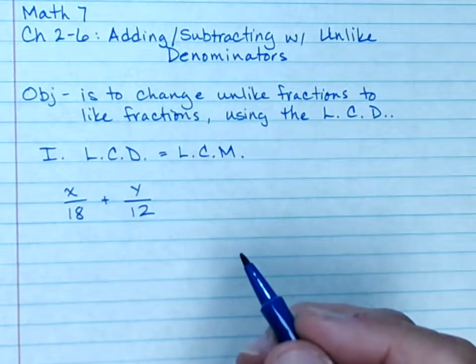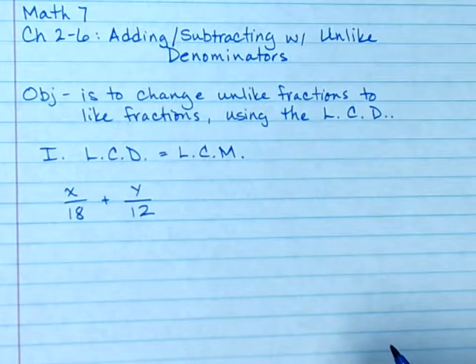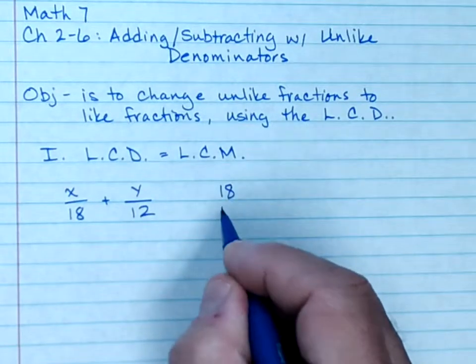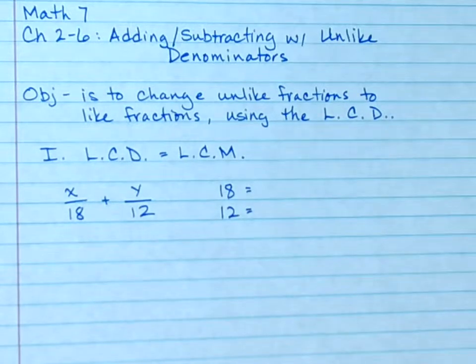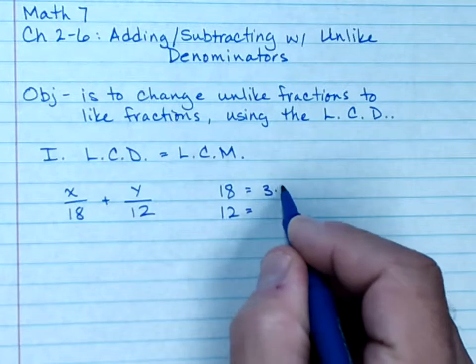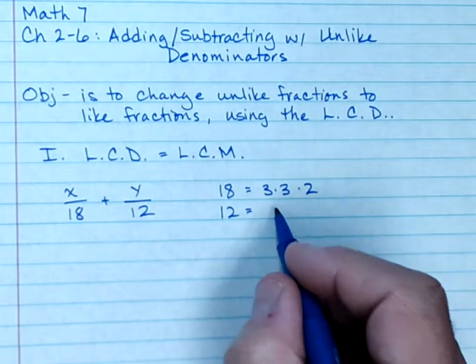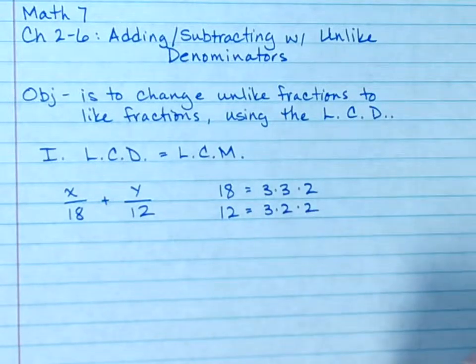So we can't add and subtract these fractions based on the fact that they're unlike fractions. So if you use the prime factorization method that I've been trying to review with you over the time, I would prime factorize my 18. 3 times 3 is 9, times 2 is 18. 3 times 2 is 6, and times 2 is 12.